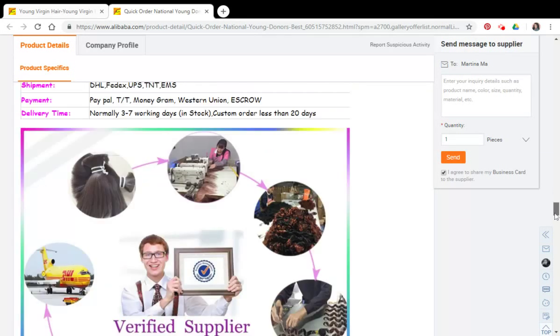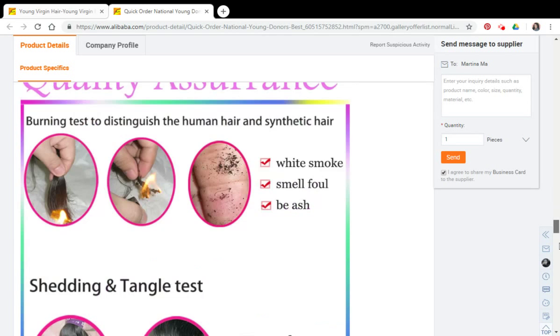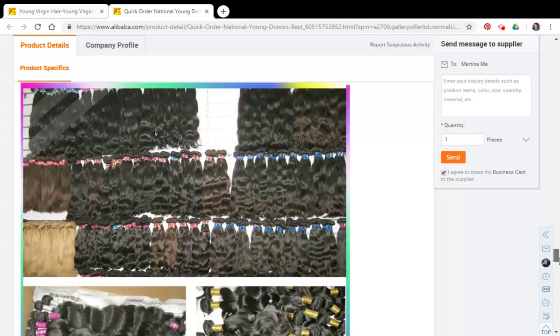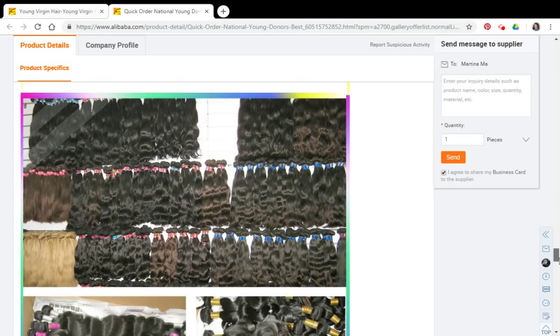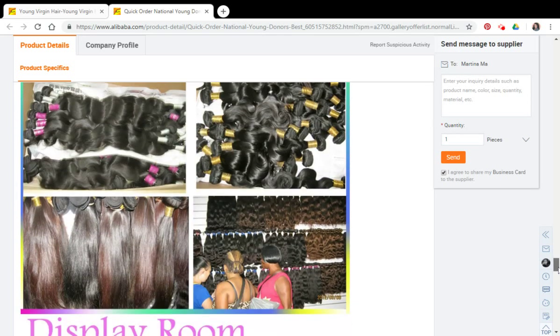They have various different colors and stuff.